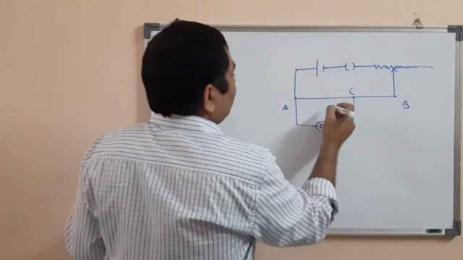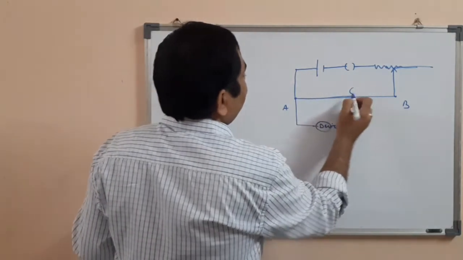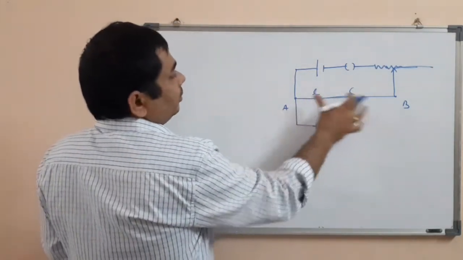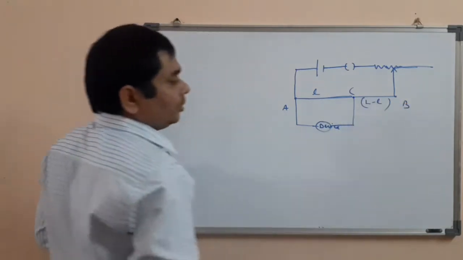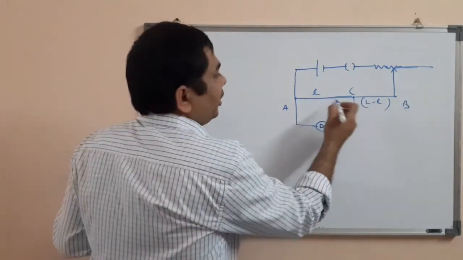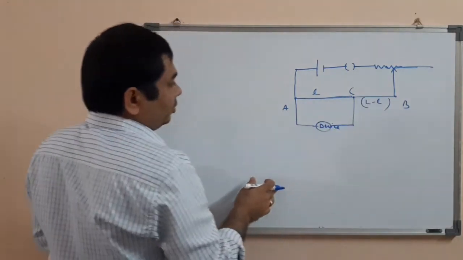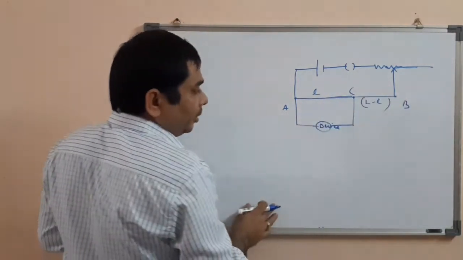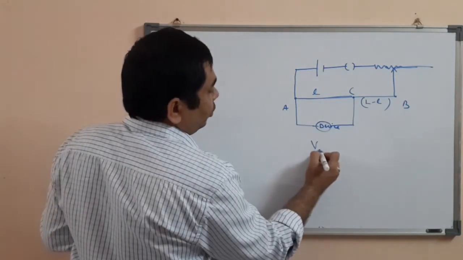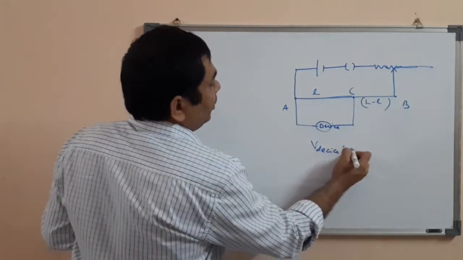Okay, this potential difference across this will correspond to this length L between A and C, and this will correspond to L minus small l. So we can divide the entire voltage between AC and CB. So potential difference across the device will be equal to what?